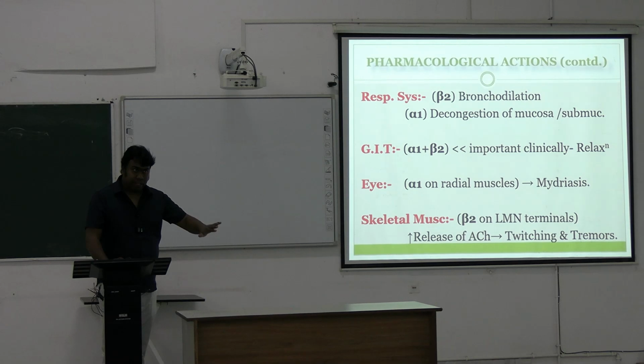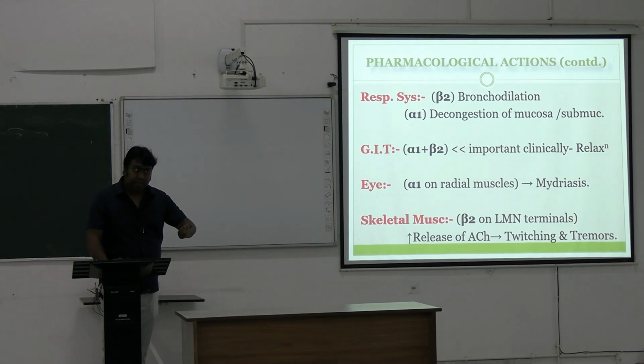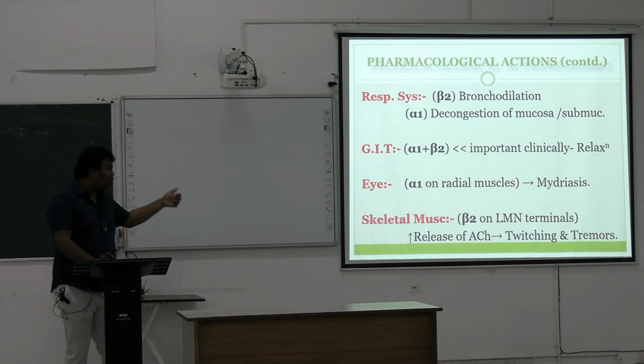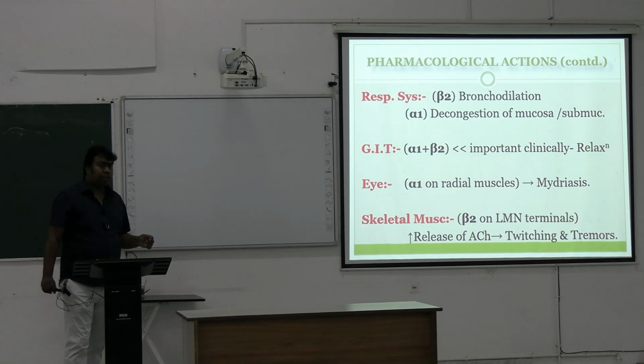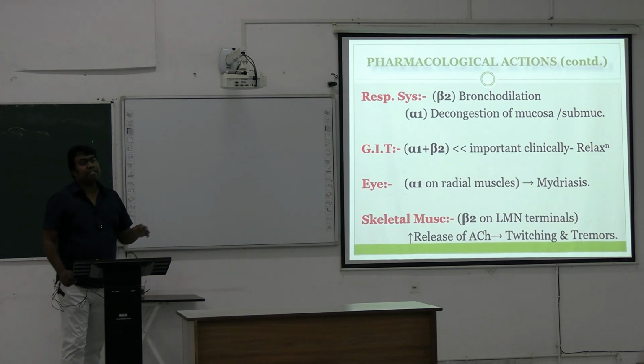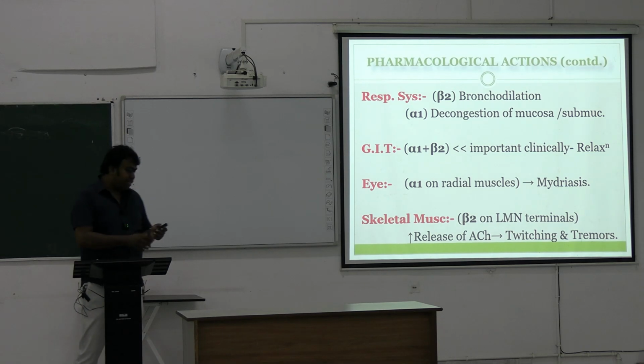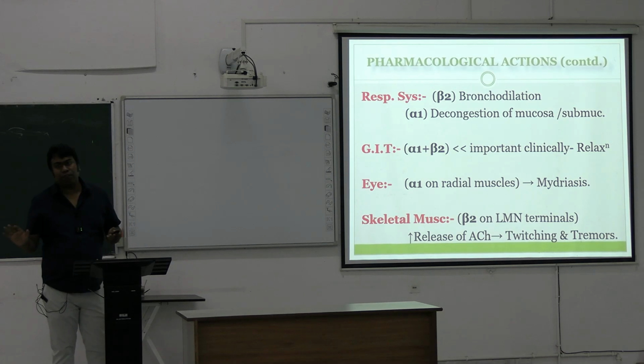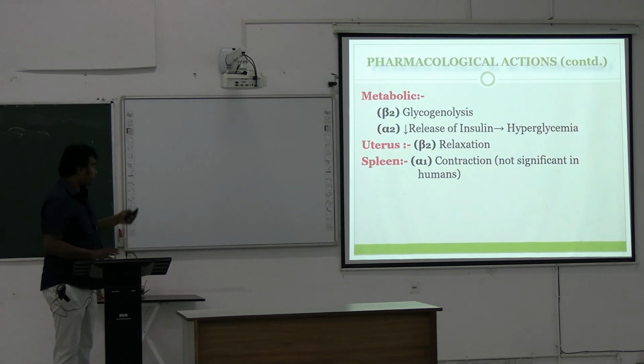So we prefer the inhalational route over the oral route. Why? Because if we give it orally, it causes a side effect by stimulation of the beta 2 receptors present in the skeletal muscle, causing tremor and twitching. So we prefer the inhalational route for salbutamol in bronchial asthma patients.